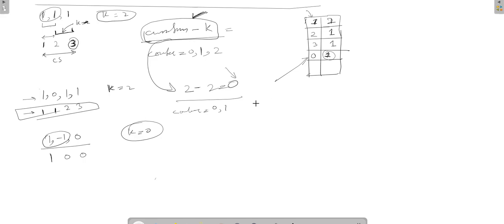Now at that point, we're going to check whether there is a subarray here anywhere afterwards. So we're going to have cumulative sum 0 minus 0, and that would lead us to another 0, right?